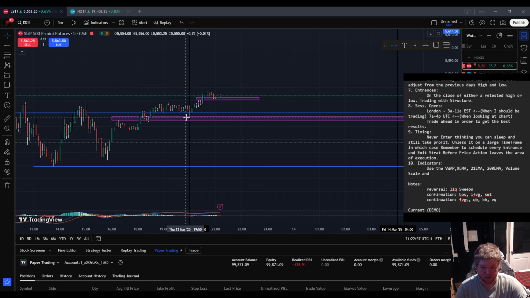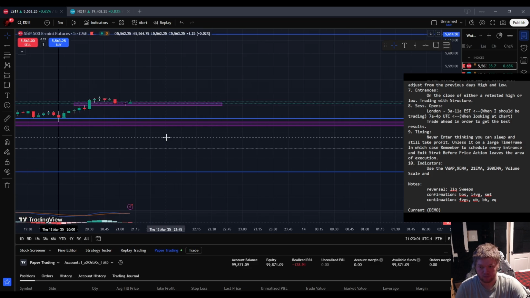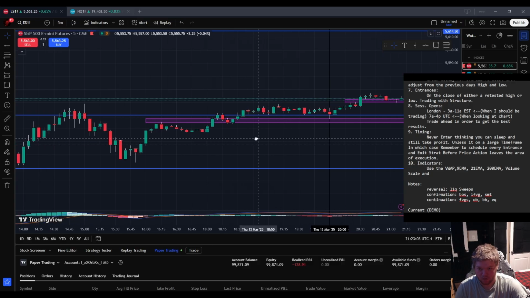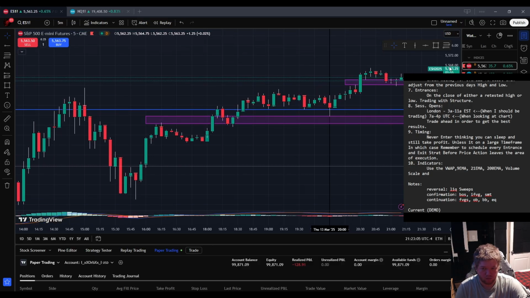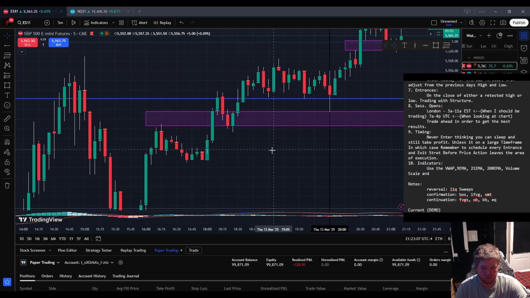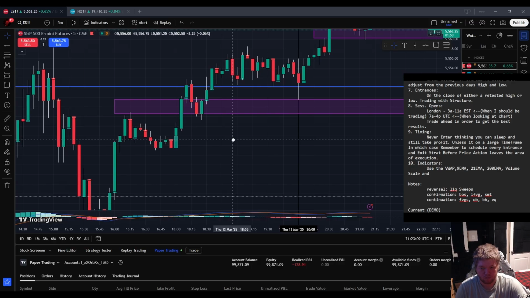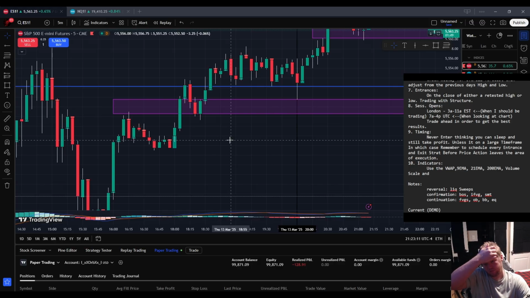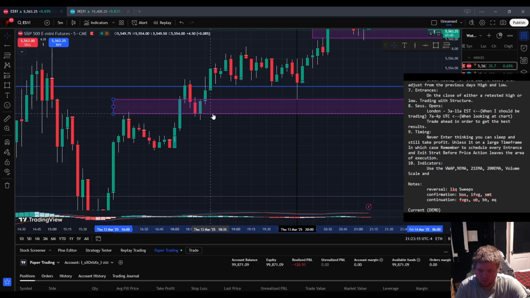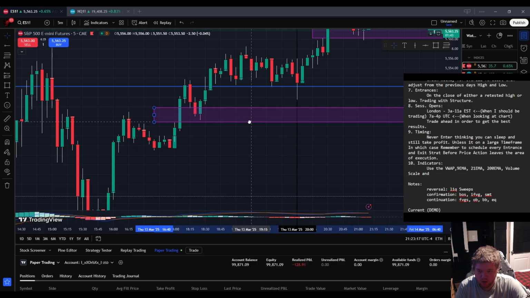This is the hourly fair value gap here. Leave it be right there.